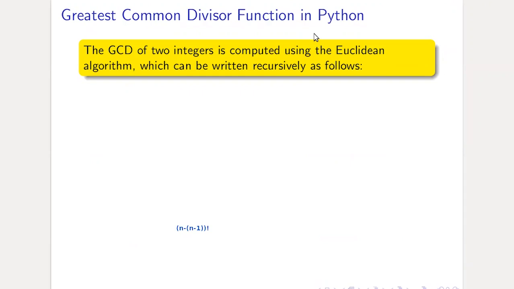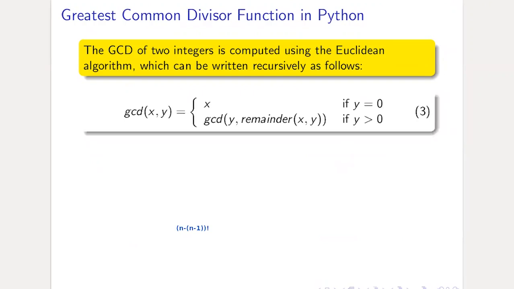As per the definition, greatest common divisor can be computed using the Euclidean algorithm. So let's look at the two cases.